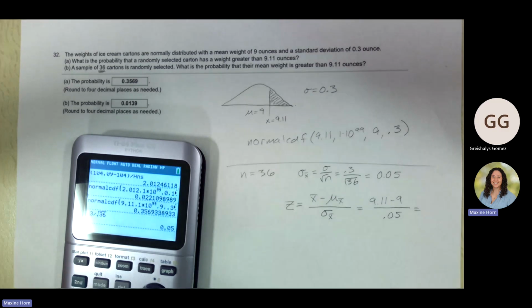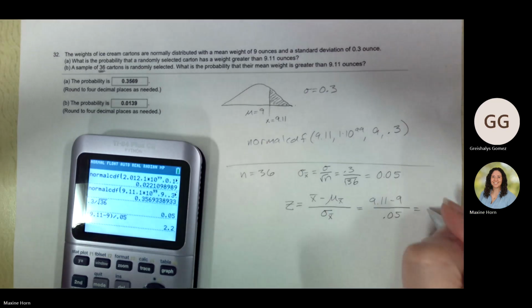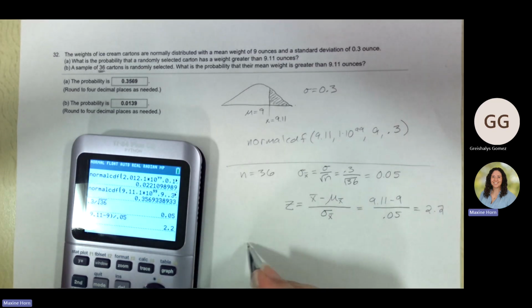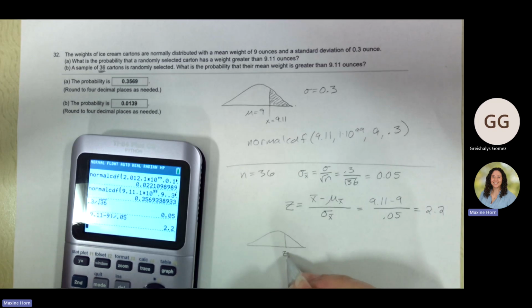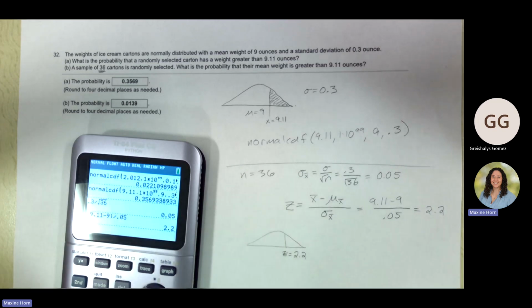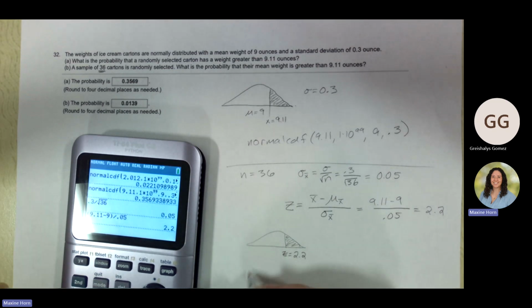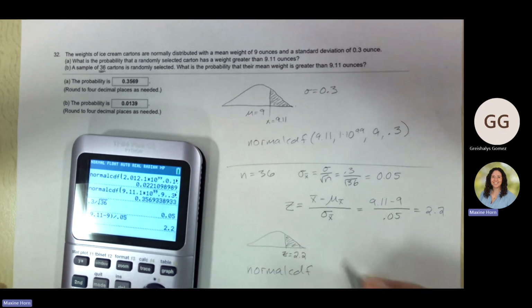So we have the Z-score of 2.2. We want to find the area to the right of that, so we're going to normal CDF that.